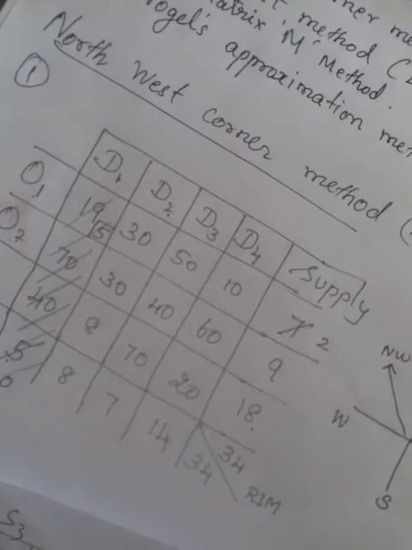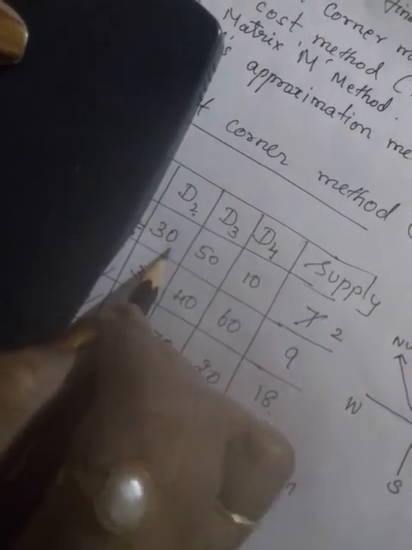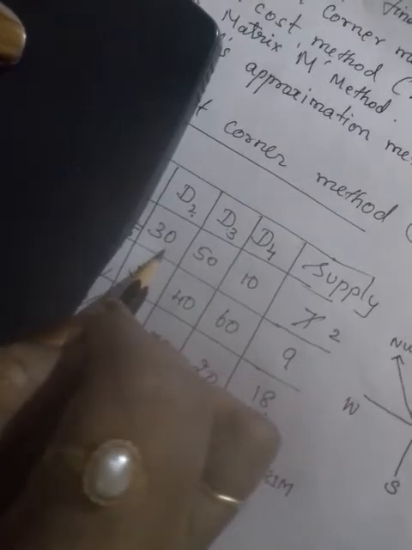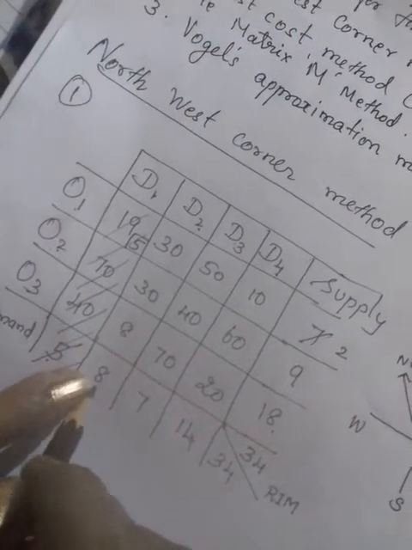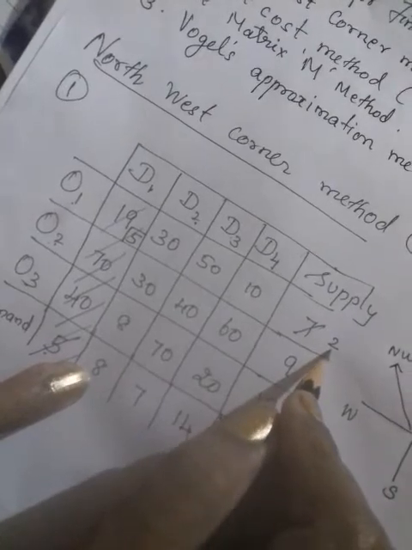Now which is your next northwest corner? We have scratched down this one, so just close it. This one is the northwest corner. Now you have to take this cell. Here in this destination, how many products are they asking? 8 products. How many products do you have in hand? Only 2.